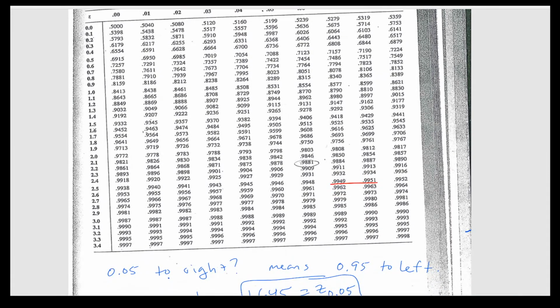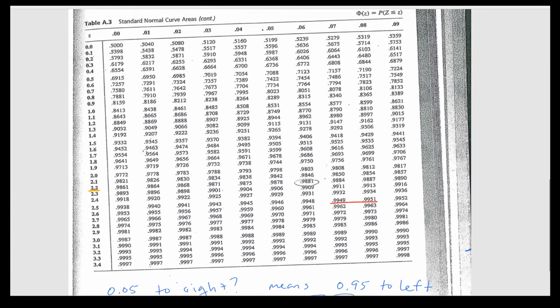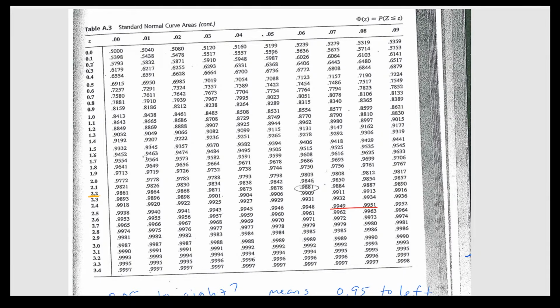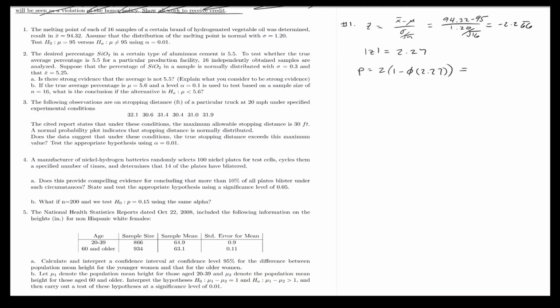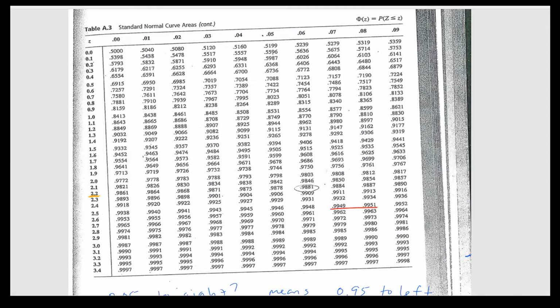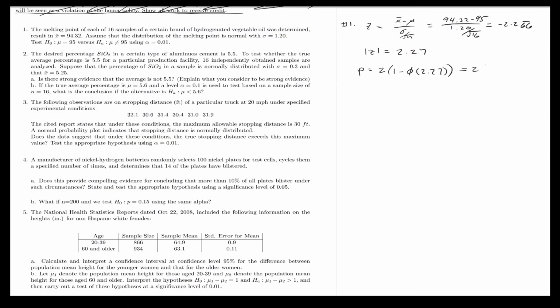2.2 is this row, and then column 7 here. So 0.9884. So 2 times 1 minus 0.9884.